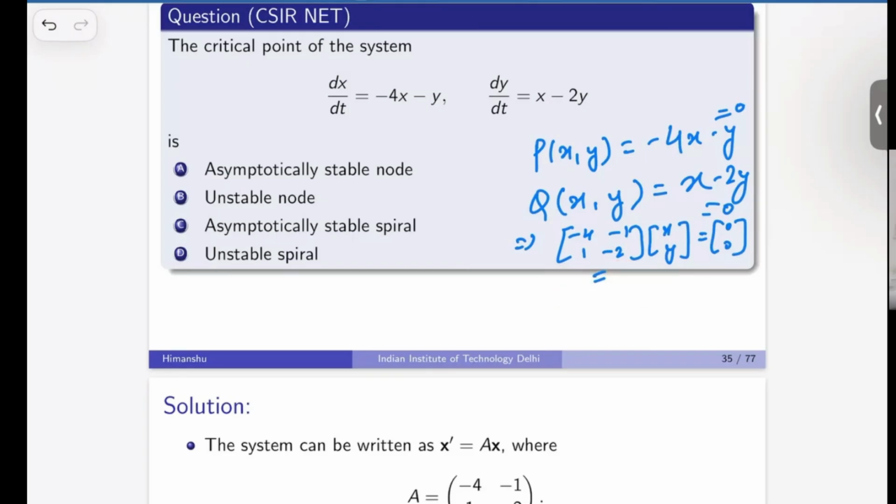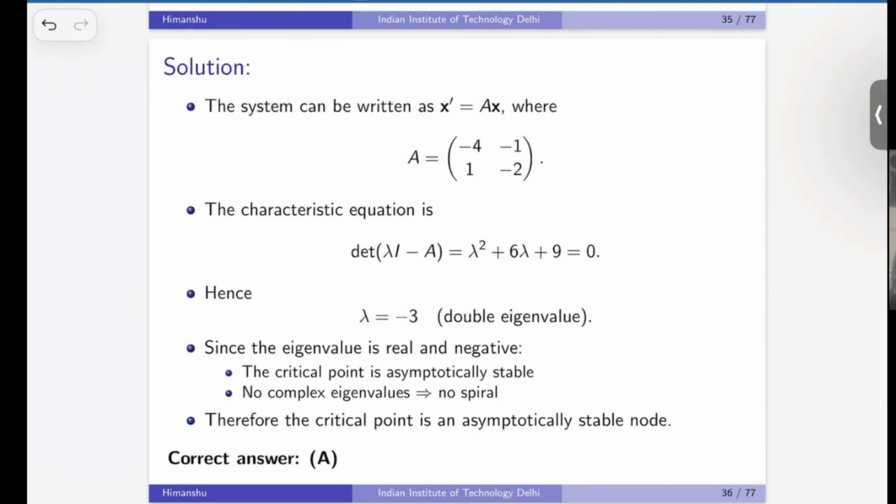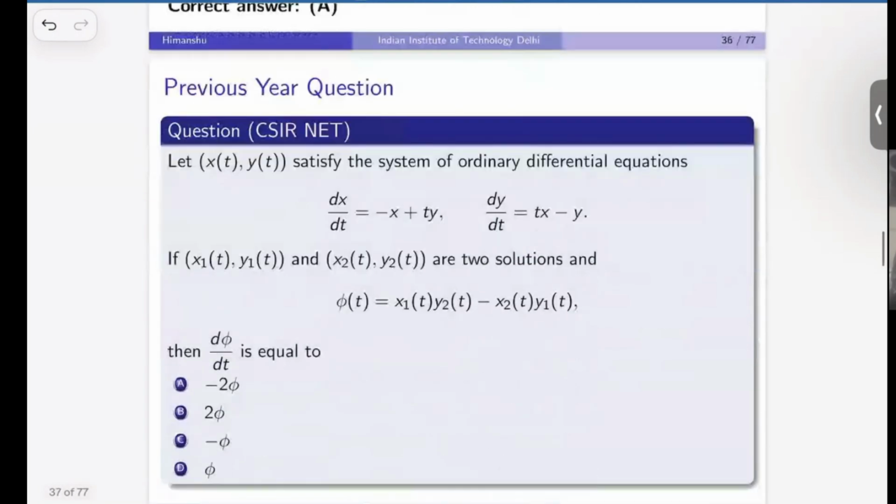I don't need even pen and paper for solving this question. Is this clear? So here I have written the explanation. You can read that also.